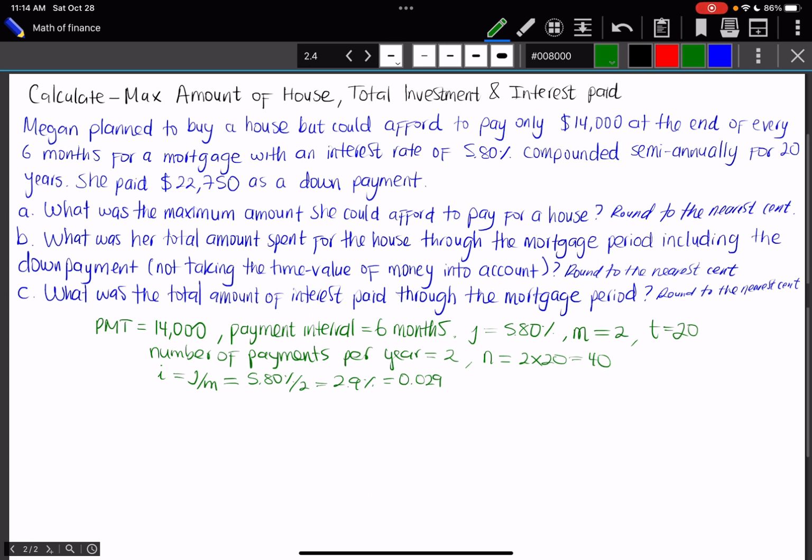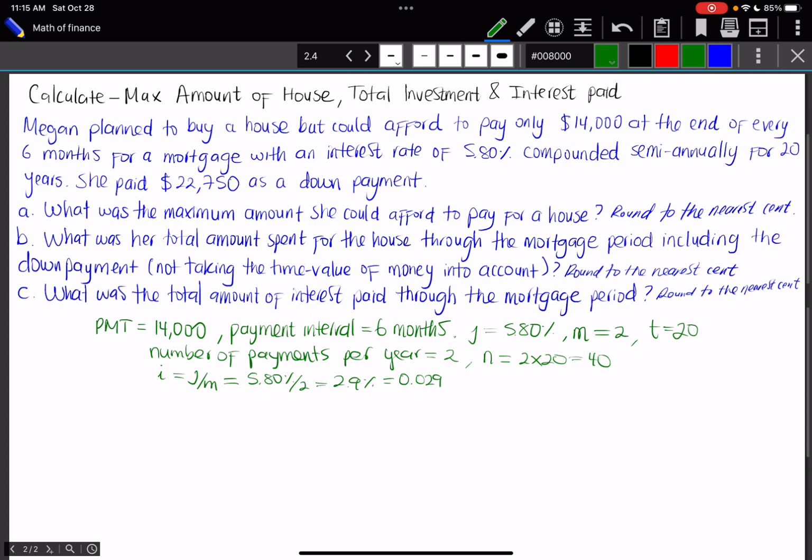We have introduced notation to give labels to everything we have been told from the statement of the problem. So we have that the amount of the periodic payment of the annuity is $14,000. The payment interval is 6 months because those $14,000 are the amount that Megan can afford at the end of every 6 months. We have that the nominal interest rate is 5.8%. Because the interest rate is compounded semi-annually, the compounding frequency is 2.